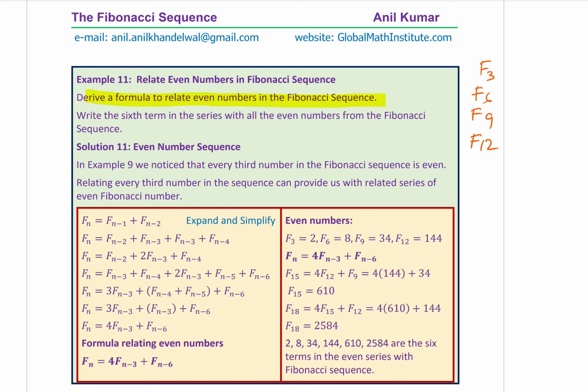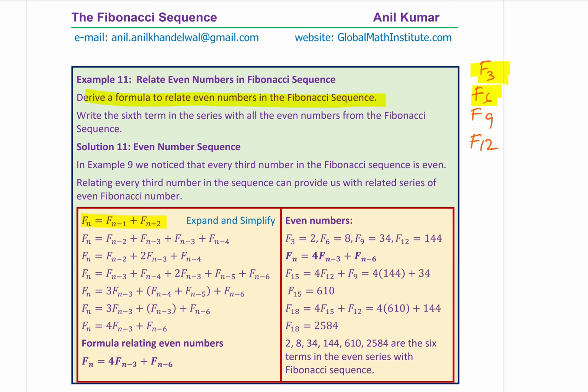So, let's begin with the rule as such. Our Fibonacci sequence term will be Fn equals Fn minus 1 plus Fn minus 2. So why not write this in terms of F3 and F6? We'll simplify this using the techniques learned. We'll split both of them: Fn minus 1 as Fn minus 2 plus Fn minus 3, and Fn minus 2 as Fn minus 3 plus Fn minus 4.